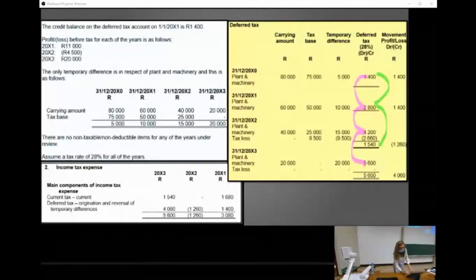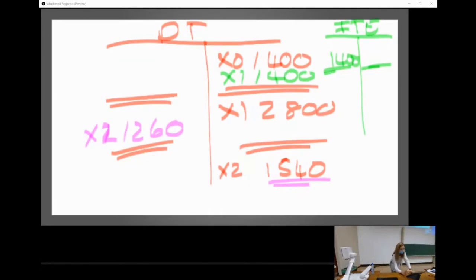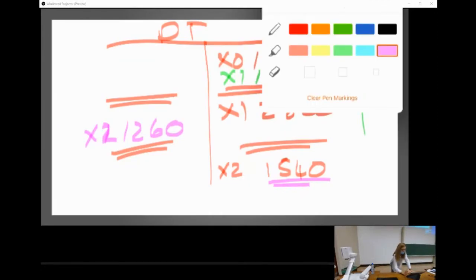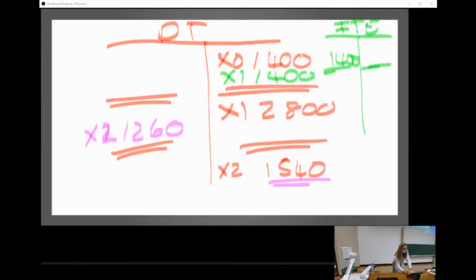But because of the tax loss, we actually now have an additional amount in there. So this 1,260 for X2 consists of a 1,400 credit from the reversing of the temporary differences, and it consists of the 2,660 benefit from the deferred tax from the unused tax loss.